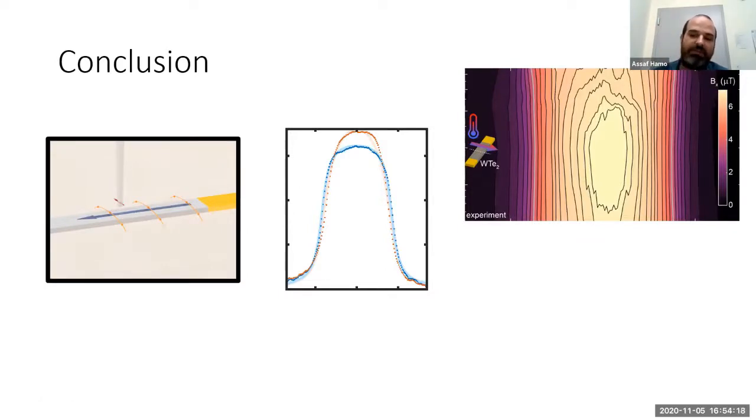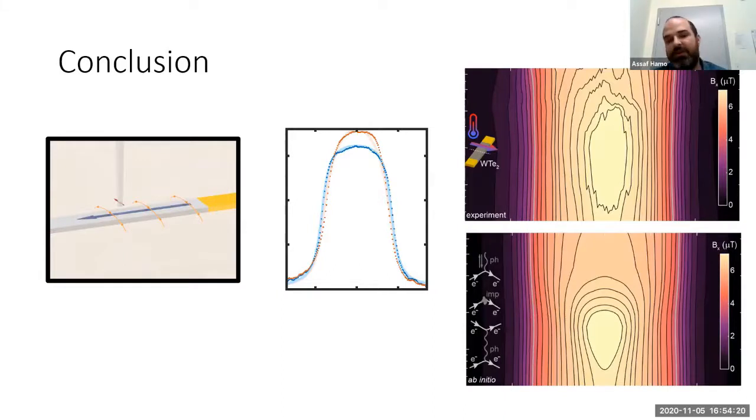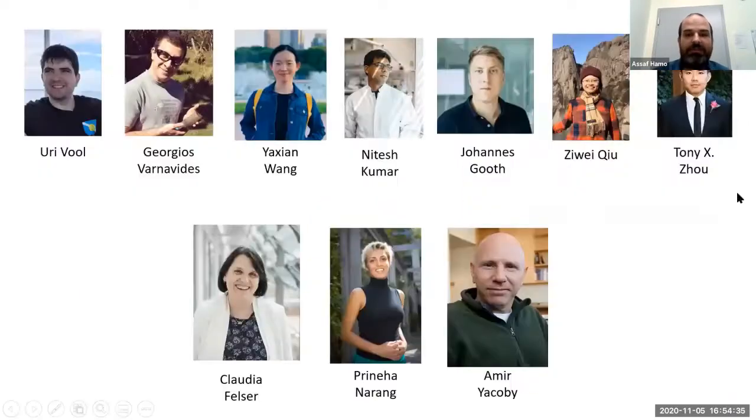And by comparing those results to a theory, we found that the origin of those hydrodynamic effects is probably not Coulomb interaction, but rather interaction between electrons mediated by phonons. And that's it. Thanks to all the people that worked together with me to get those nice results. Thank you.